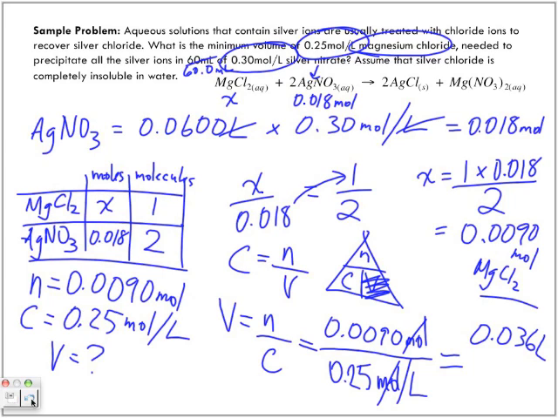I'm not going to mind if you don't put that on a test or even in an assignment, but think about it in terms of a lab experiment. That's easier to measure in a graduated cylinder: 36 milliliters. So what is the minimum volume of magnesium chloride needed to precipitate? The volume that we must have is 36 milliliters of magnesium chloride at that concentration.